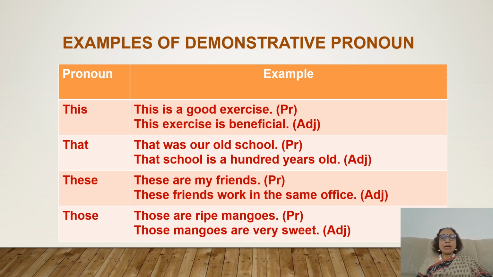But since the same words have another function, I have told you about the adjective. While doing the videos on adjectives, I will again repeat the possessive adjective and the demonstrative, because you have to remember that they are acting as pronouns in some sentences, and as adjectives somewhere else.